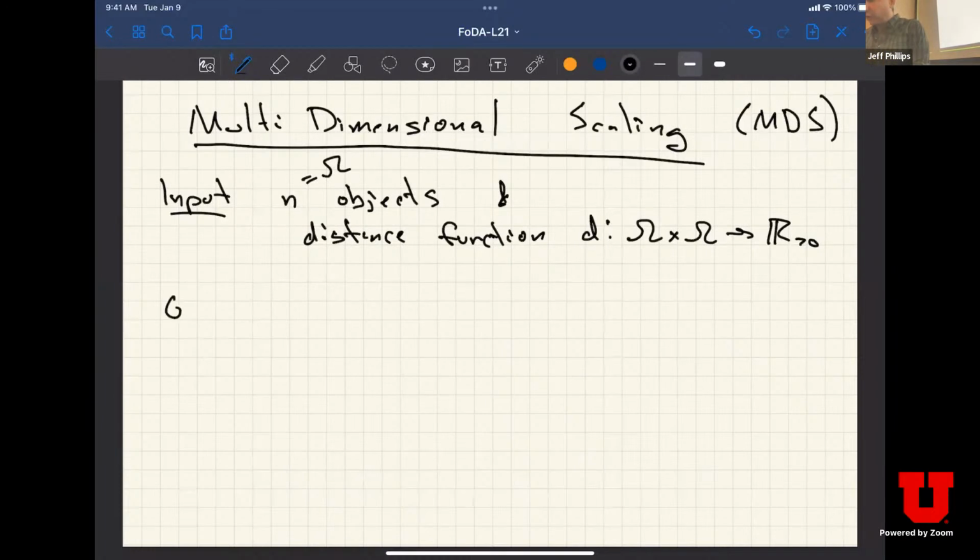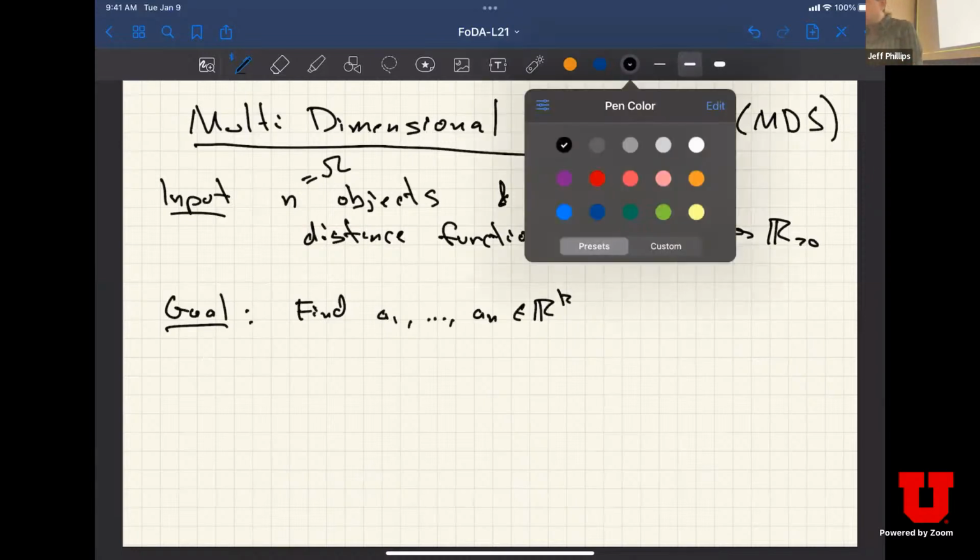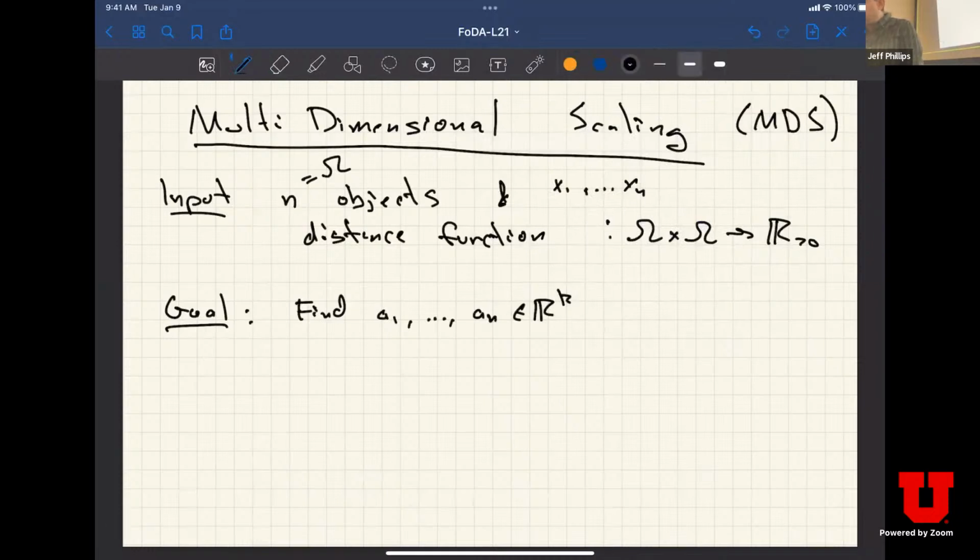So the goal is, let's call these objects x1 up through xn, to find a1 up to an in R^k. For this distance function, it's not the dimension here, but some sort of other distance operator.